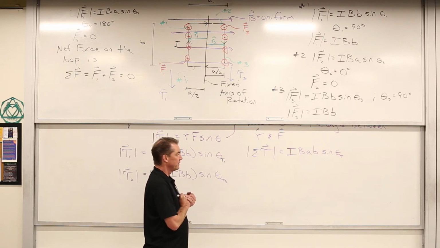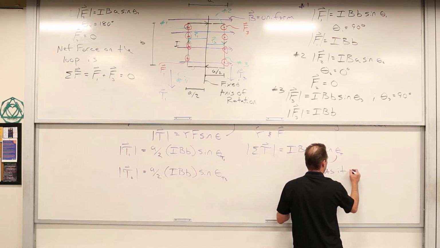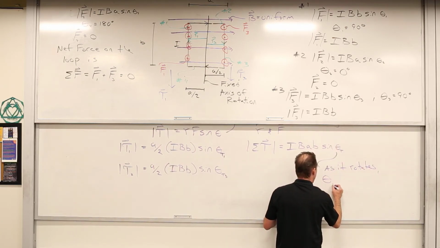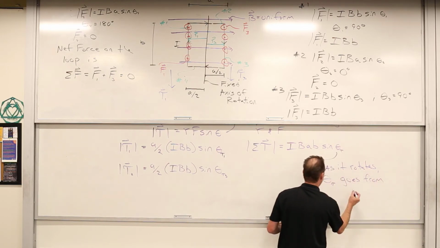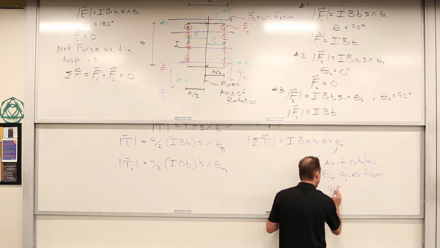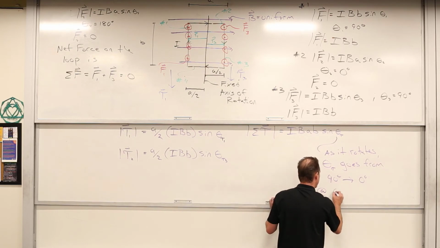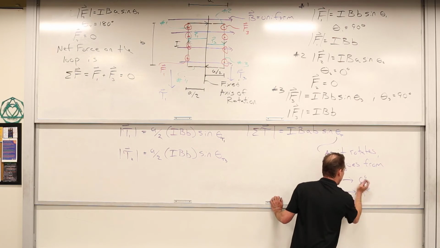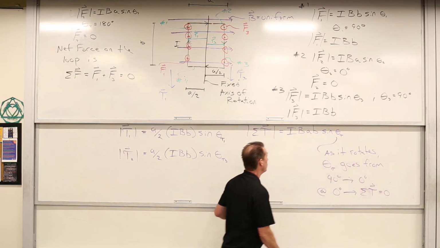Fantastic. As it rotates, theta sub tau goes from 90 degrees to 0 degrees, and at 0 degrees, net torque is equal to 0 itself.